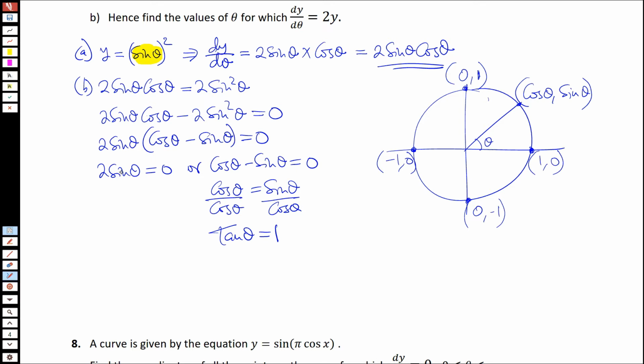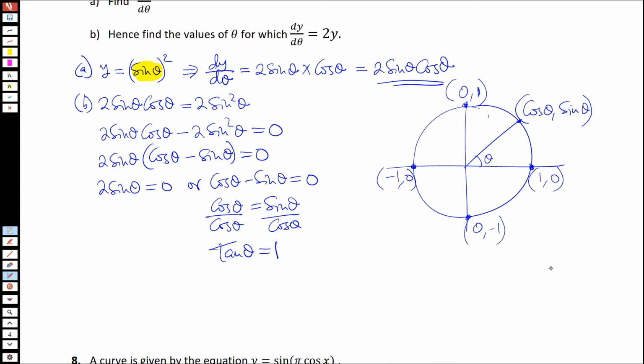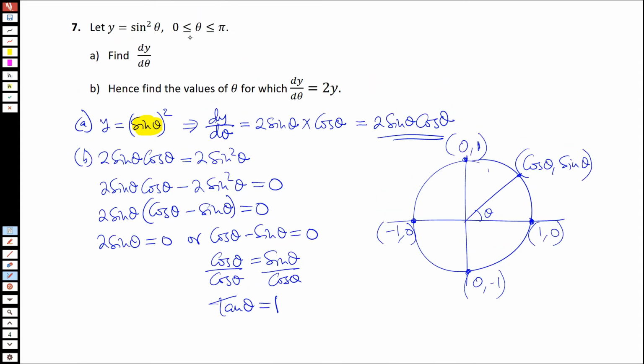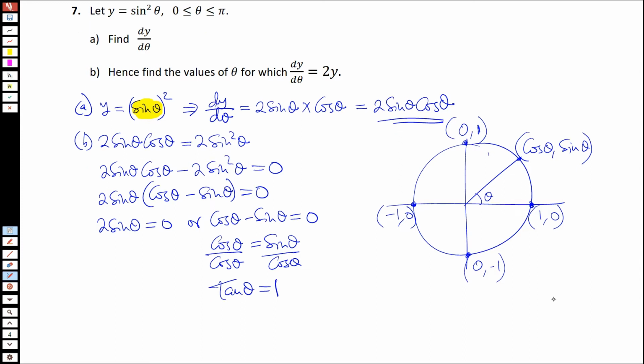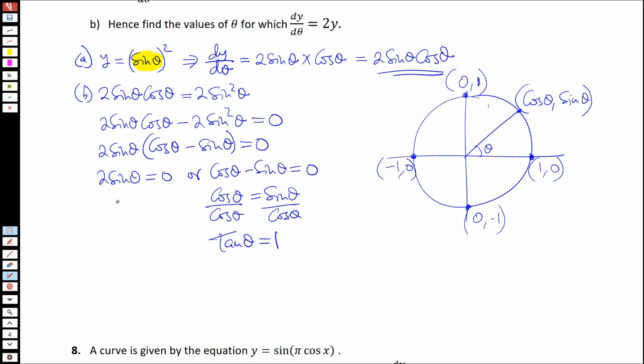So the points where sine theta is 0 are at 0 degrees and at 180 degrees. Remember here we're looking at a range of values between 0 and 180 degrees. So here, either theta is equal to 0 degrees, or theta is equal to 180 degrees.